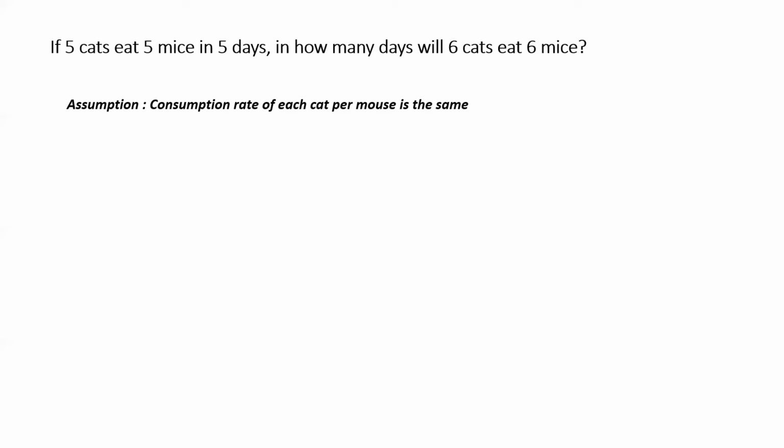First, let's ask this question: if the number of cats remains the same, but the number of mice increases, then what effect will it have on the number of days D? Well, more mice means that there's more food supply now. The number of cats is still the same, so they have the same requirement rate, but now they have more food.